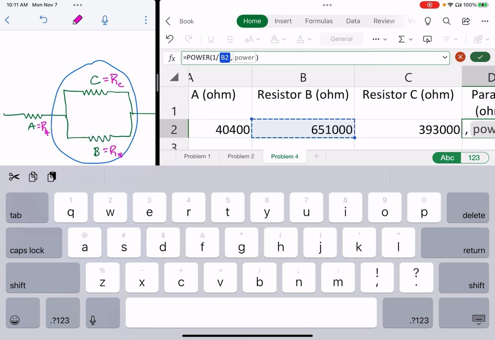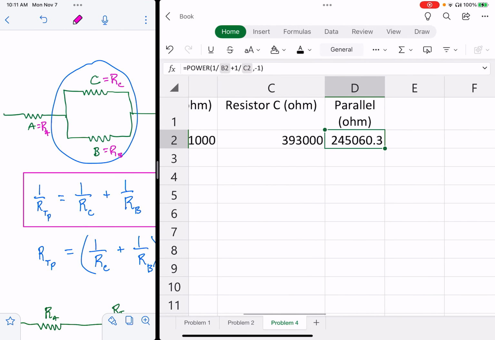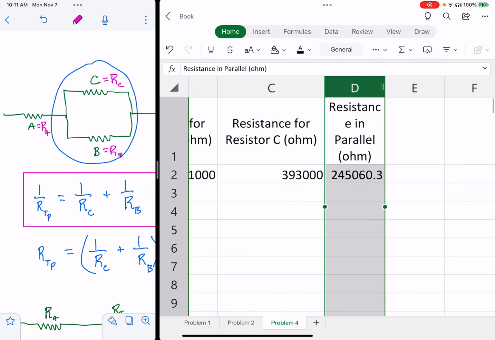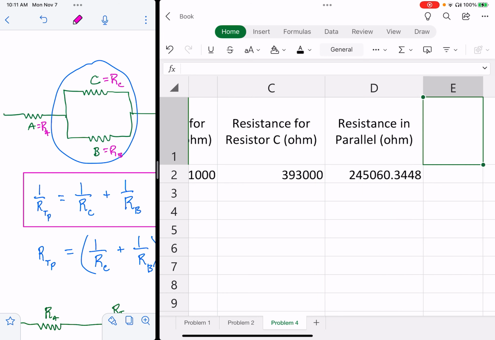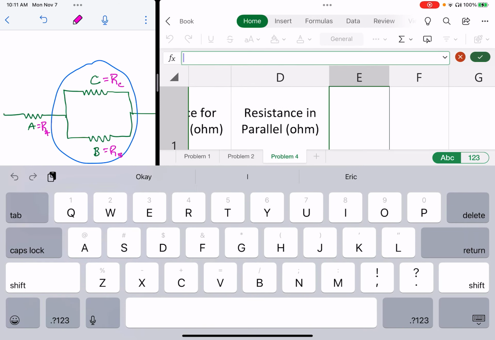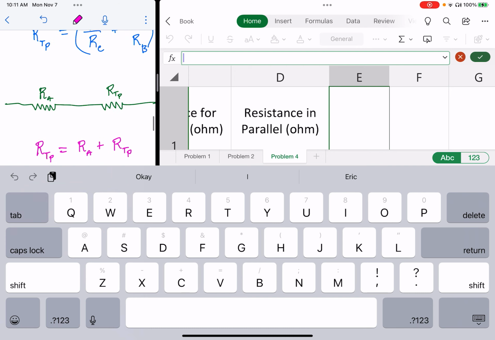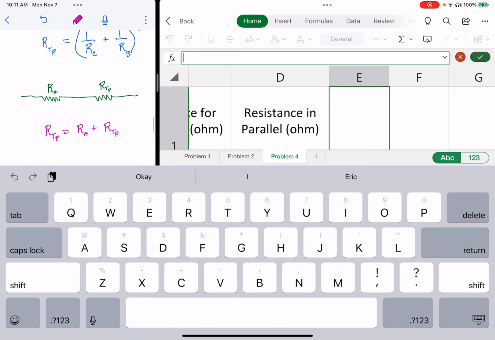Well, we have C and B here. So I'll do C, I'll do B, and then this is going to be plus 1 divided by C, and this is going to be to the power of negative 1, and that should come out with a value. And then we are going to have our resistors in series.